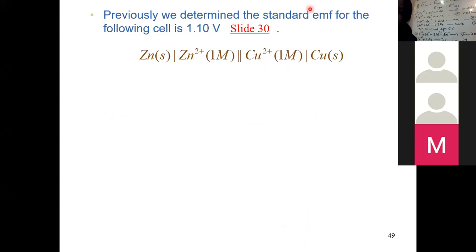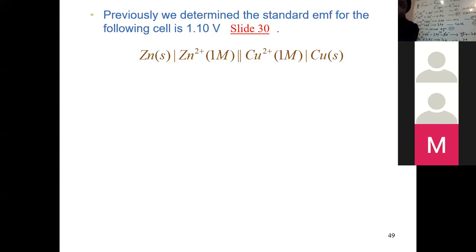Okay, so previously we determined the standard EMF for the following cell. From our previous example on slide 30, that's the very first example. Zinc is your anode and copper is your cathode.